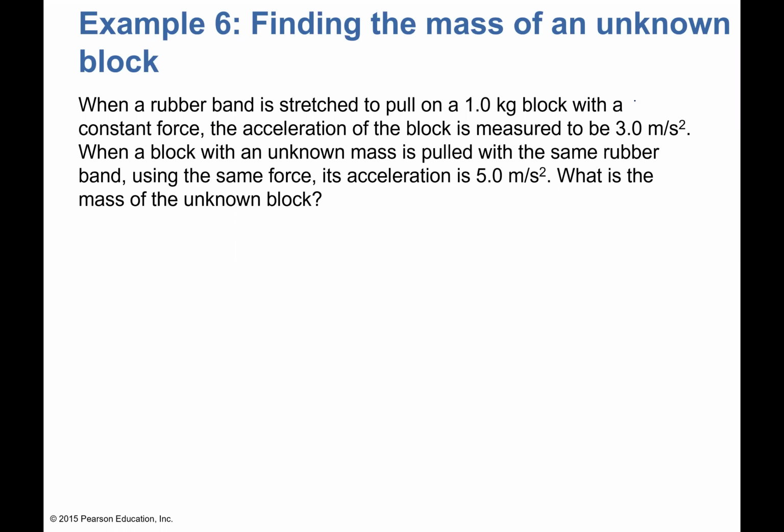What is the mass of the unknown block? That means you have a 1 kilogram block with the same force gives you 3 meters per second squared acceleration. Then some unknown block with the same force gets 5 meters per second squared acceleration. So what we want to know here is, what is that unknown mass?